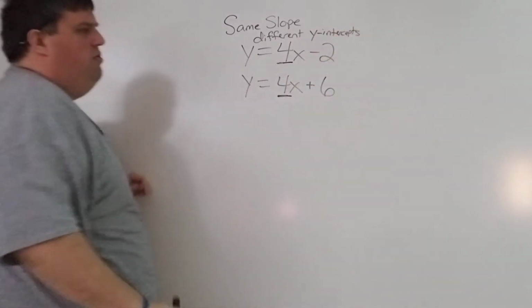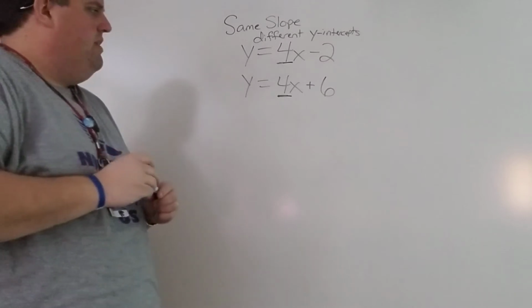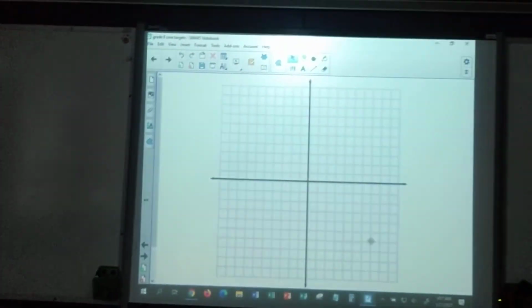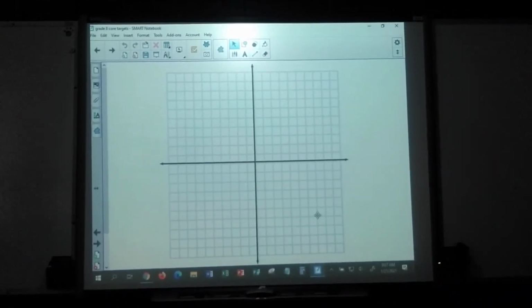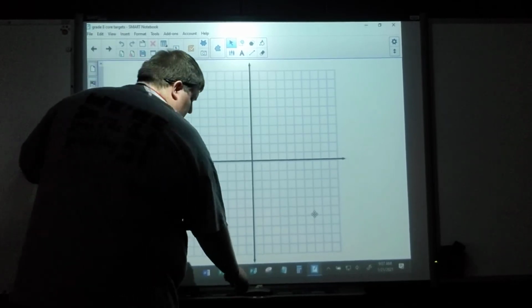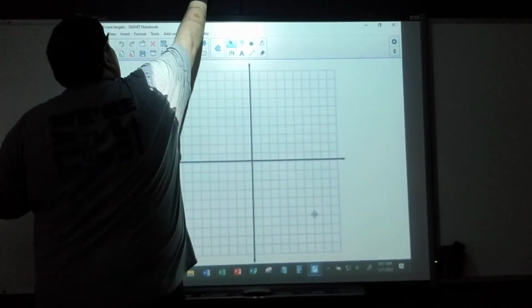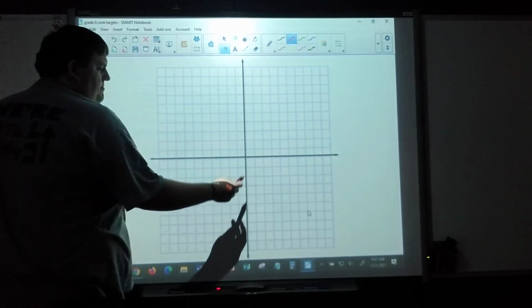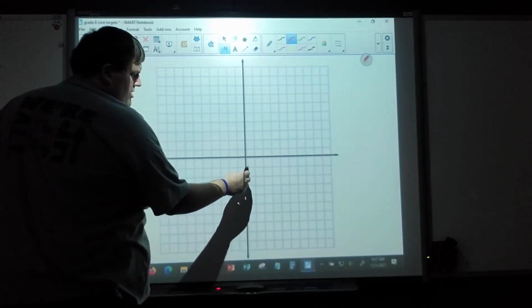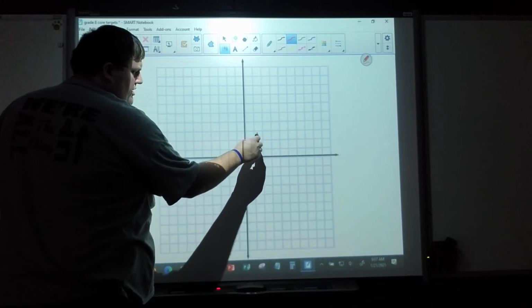And there's this really cool thing about slope. I can show you real quick. I know the smartboard's not great to see on camera. But if I graph that first one, starts at -2, goes up 1, 2, 3, 4 over 1.